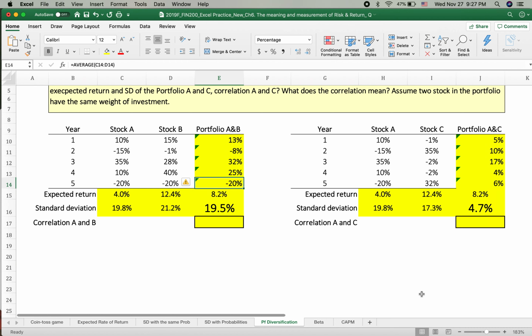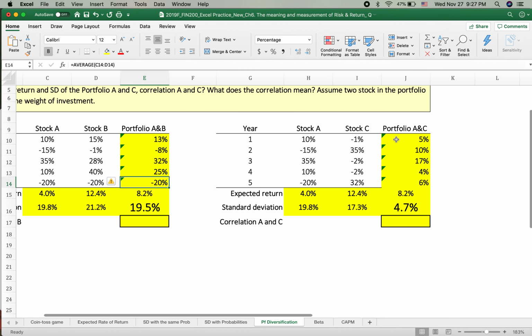It's not very stable. But the portfolios A and C are moving in a very stable way. Every year they are making a positive rate of return in the portfolio because they compensate like that, right? So we were able to come up with a very low standard deviation.